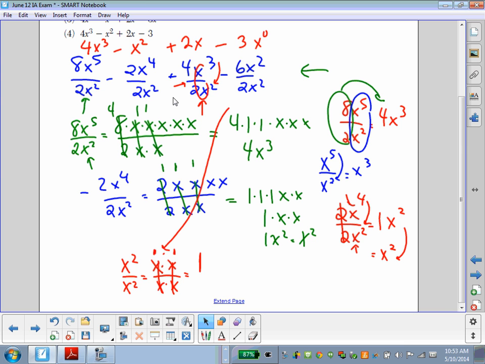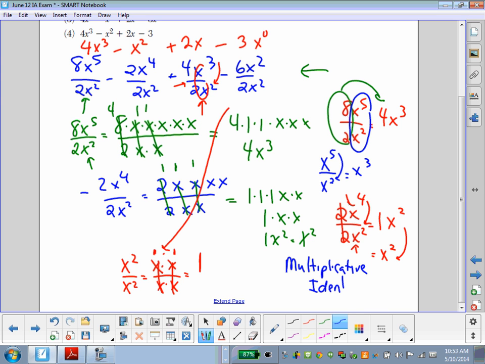Let me write that out so you can see what I'm saying. I'm saying multiplicative identity. Okay, so I know that x squared divided by x squared is just 1.